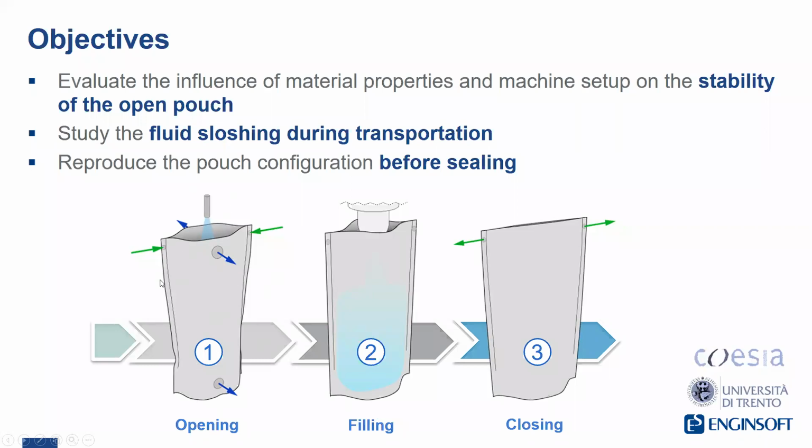And of course, since this happens at 3 different stages in the machine, we also have the transport of the pouch between the 3 regions. So we really start with the pouch formation, then we move it to the filling place, and then we move it further, as we will see with the videos, to the closing stage.